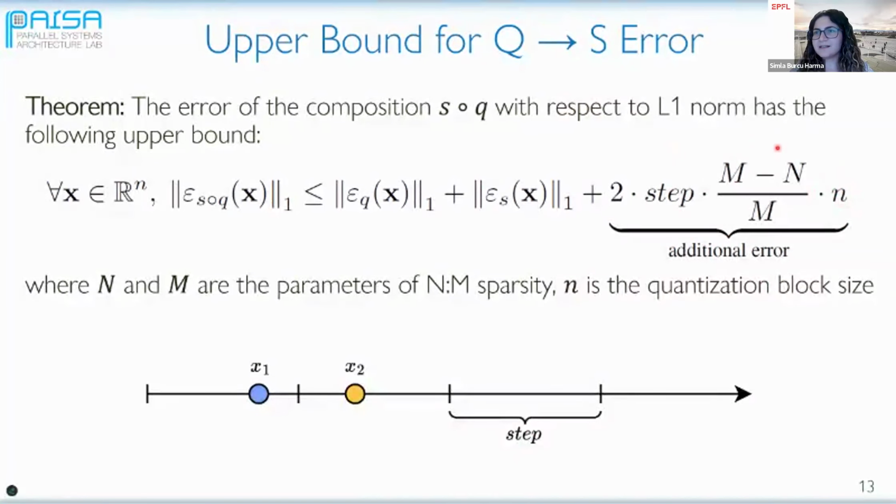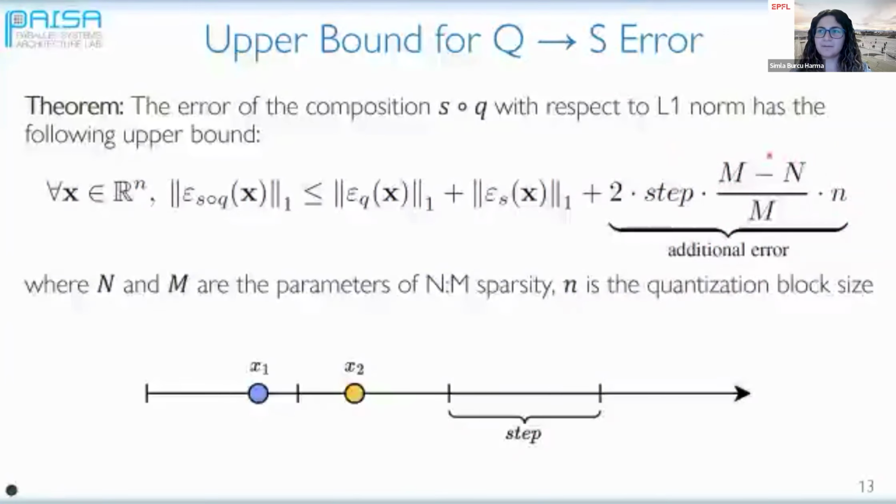So this gives the number of pruned elements because N:M is the sparsity scheme we mentioned before, and it can be generalized to unstructured sparsity. And N here is the quantization block size. It's the number of elements in a quantization block. I will not go into the details of this upper bound and the proof of it, but please check our paper for more details.